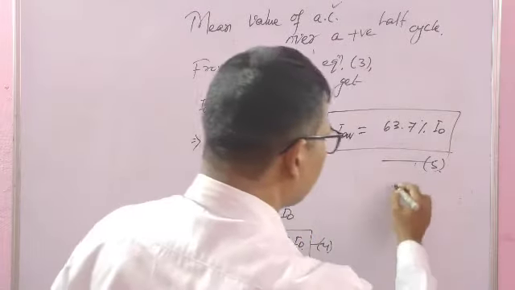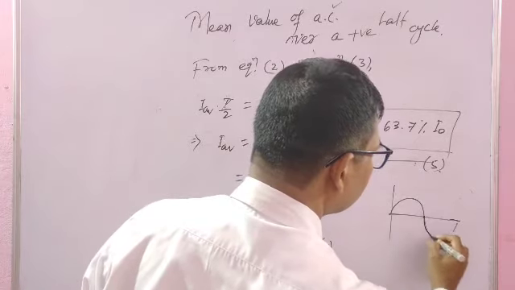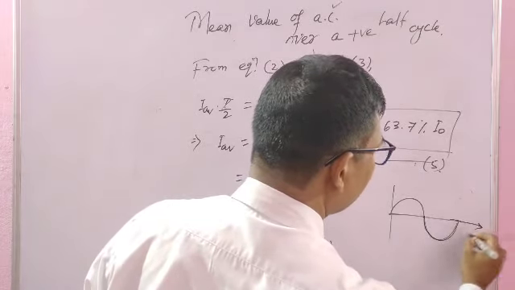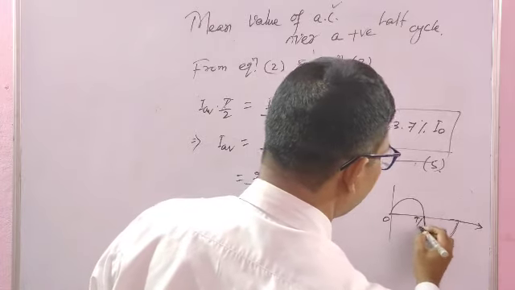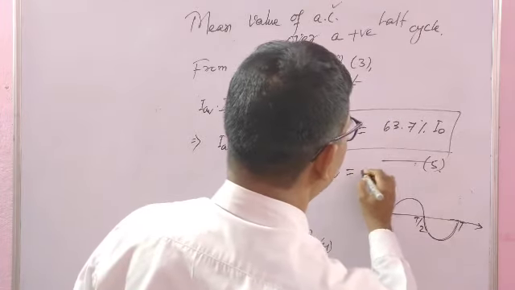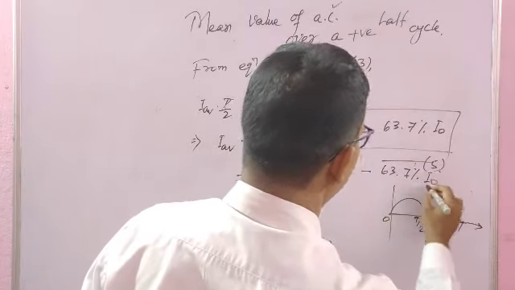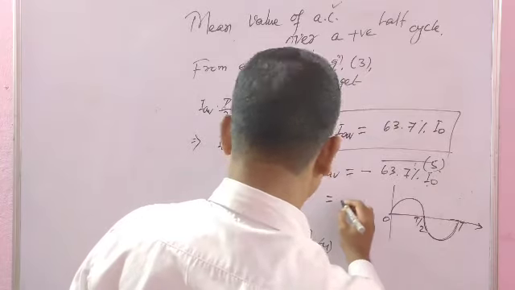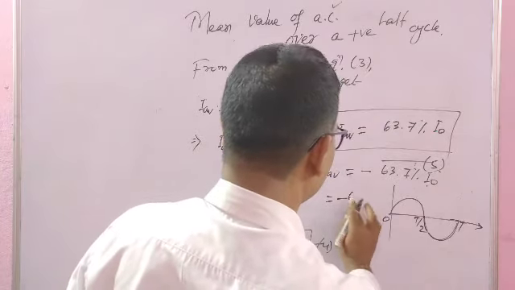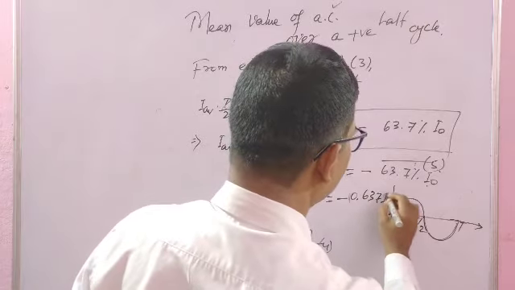But if you calculate this value during this time, up to this one, which is the negative half cycle, you will get I average is equal to minus 63.7 percent of I0, or you can say minus 0.637 I0.